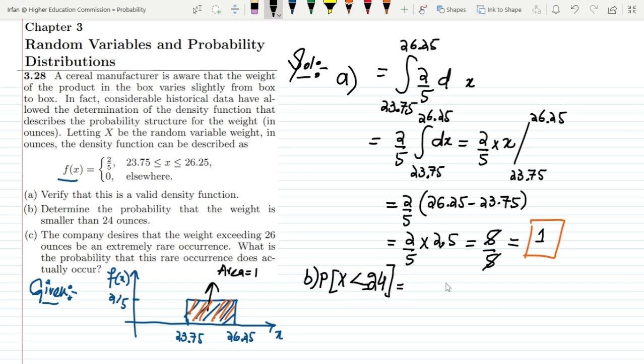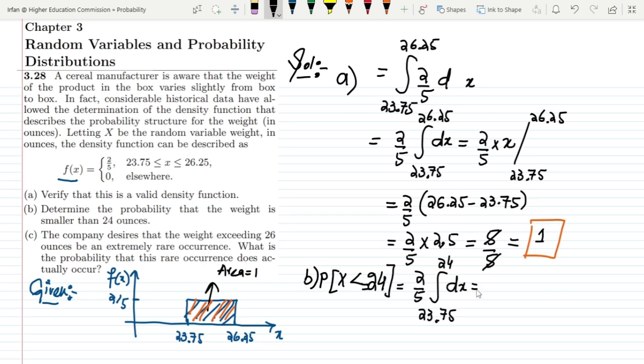Here in order to do so, we have to write the lower range, because below this the probability is 0. So this would be 23.75, and the higher range here will be 24, because the higher range is this one, so I have to write this one. And as we have previously seen, it would be 2 by 5 dx.